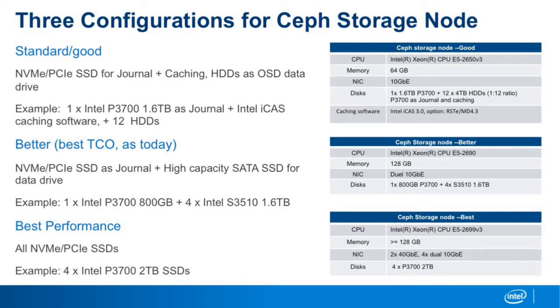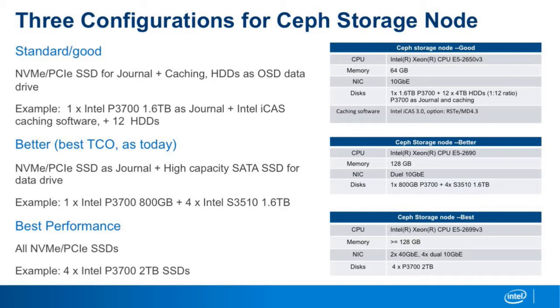Then you have 10 to 12 inexpensive, high-capacity HDDs. This is a 1 to 12 ratio. We think this is good, and we tested and deployed it, working with a couple of tier 1 IPDC customers.